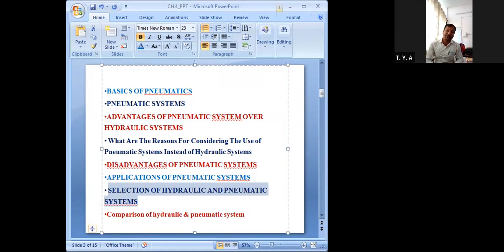That time you can use both. Are you clear with this? Because this is very important, and the pressure range I have already told you. Getting it?